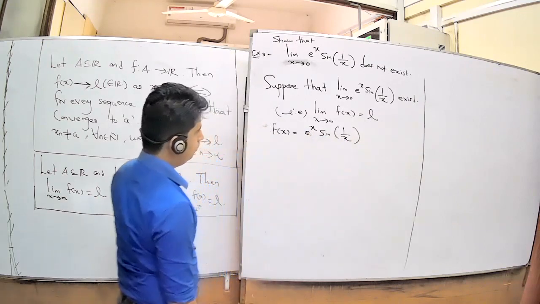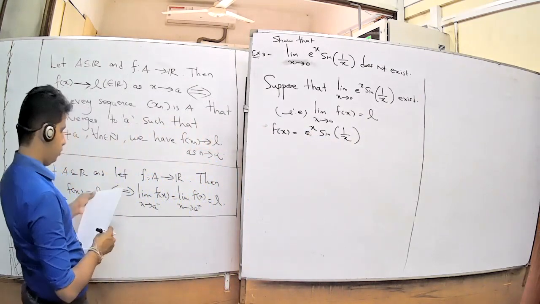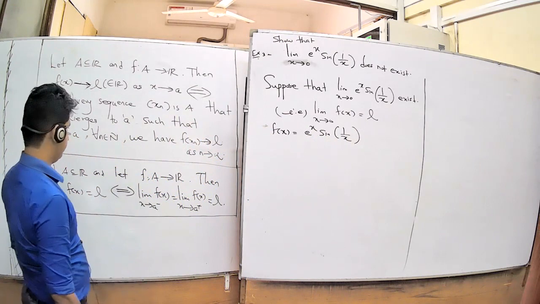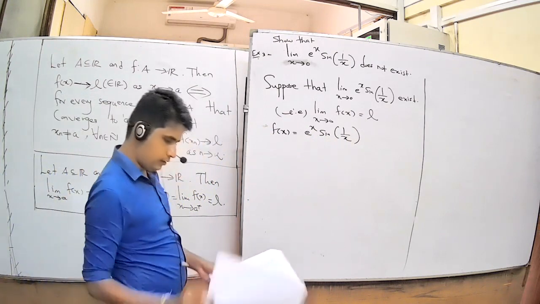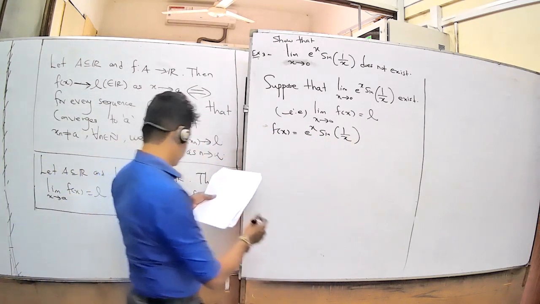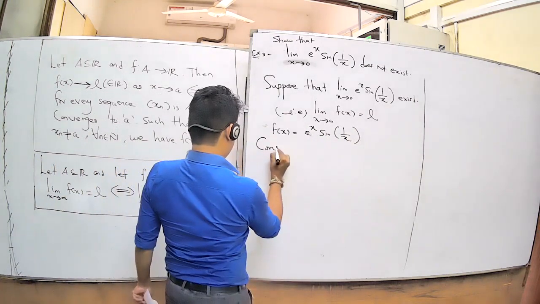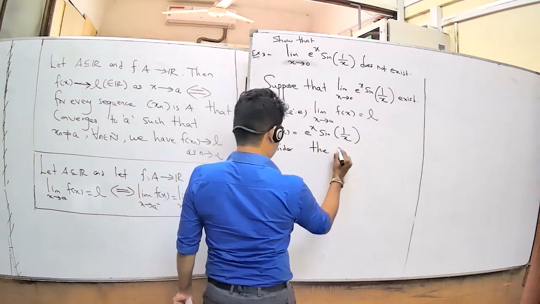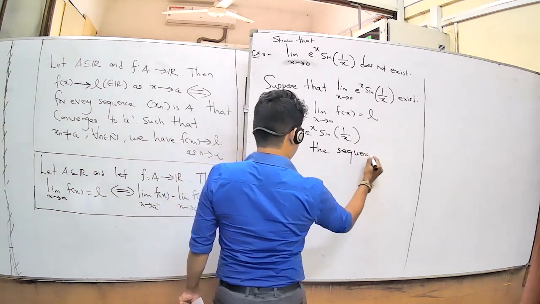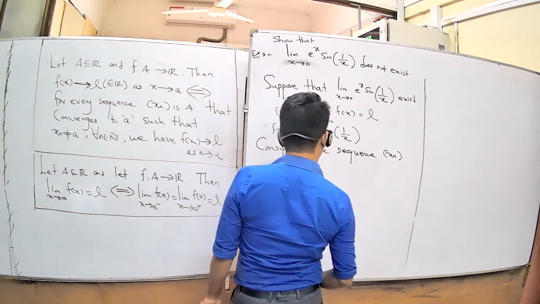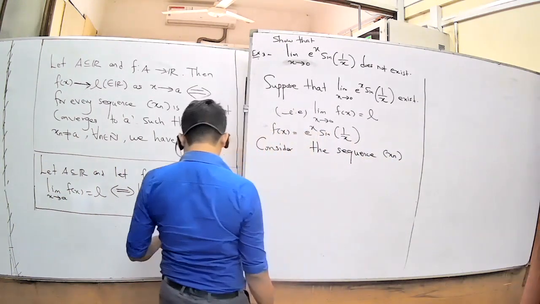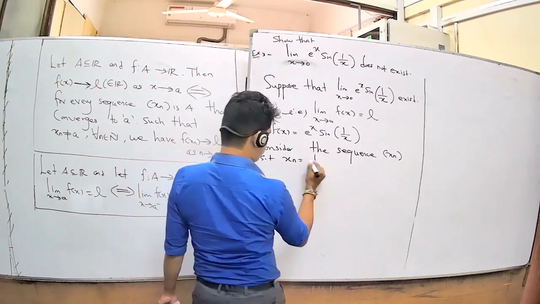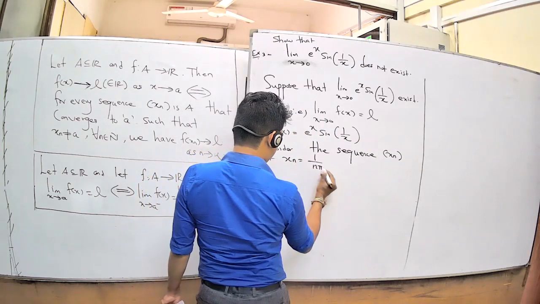Now you can use the sequence. Consider the sequence x_n, such that you can choose one of the sequences. Now we choose here 1 over n pi.